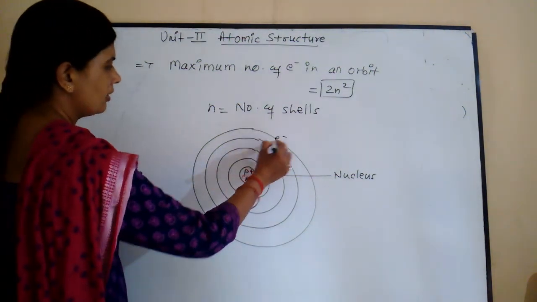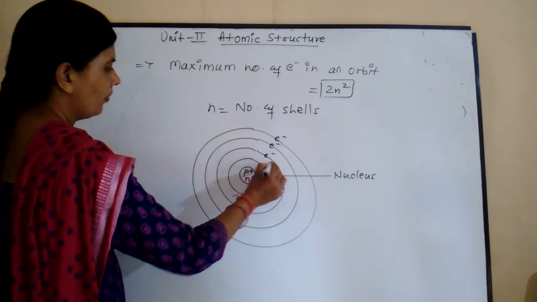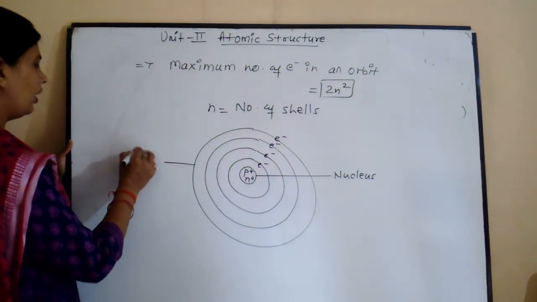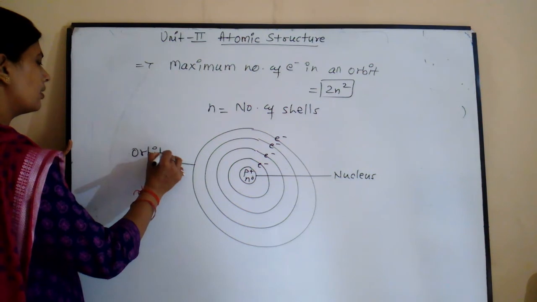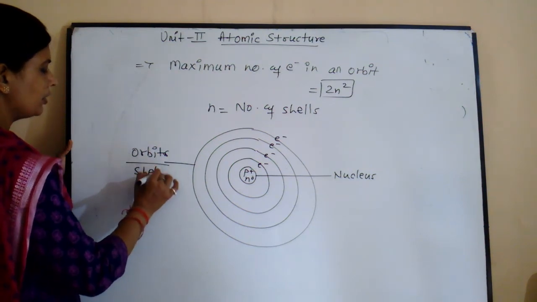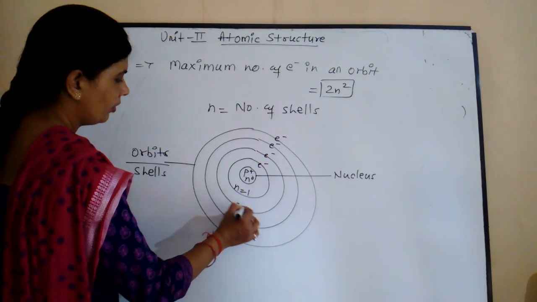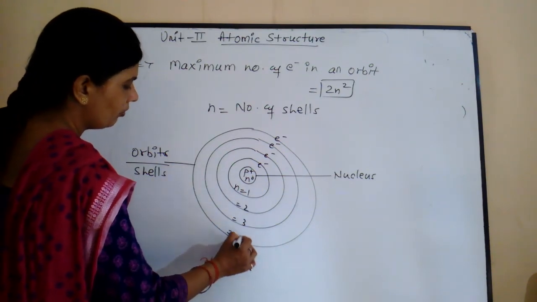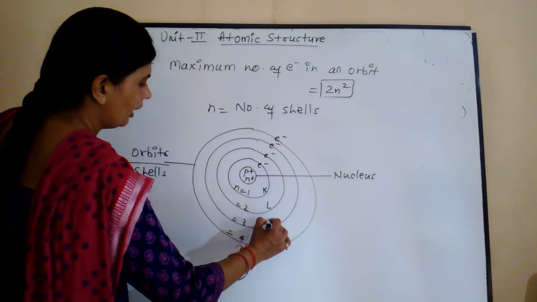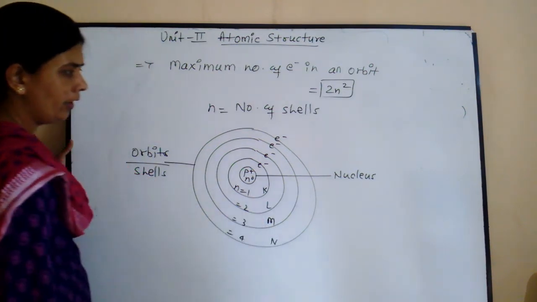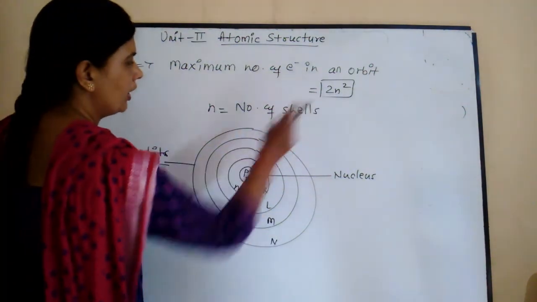Around the nucleus, electrons revolve. These are called orbits or shells, denoted by n equals 1, 2, 3, 4, or K, L, M, N, and they contain a maximum of 2n square electrons.